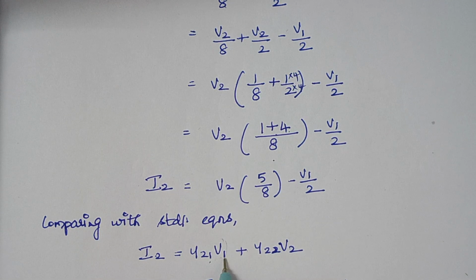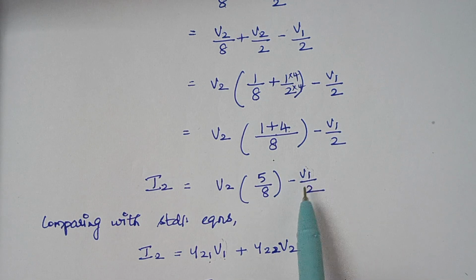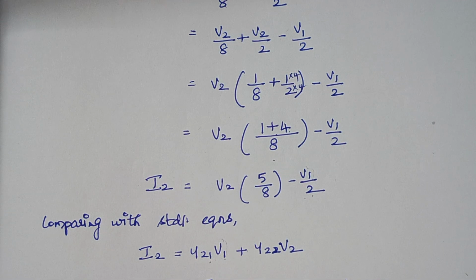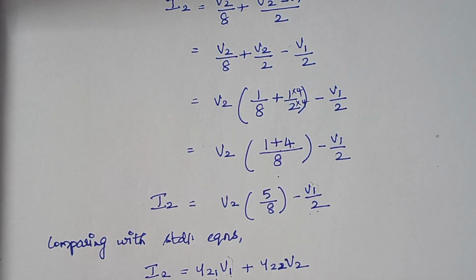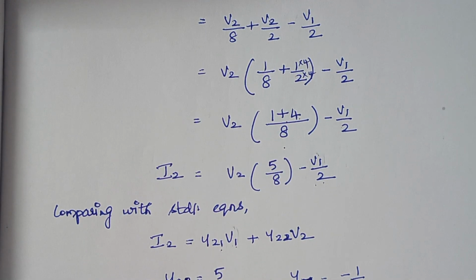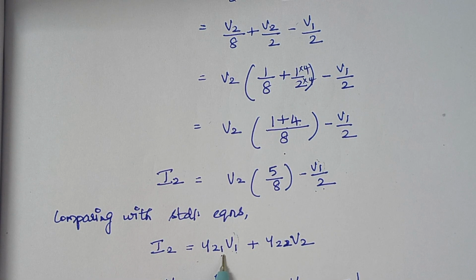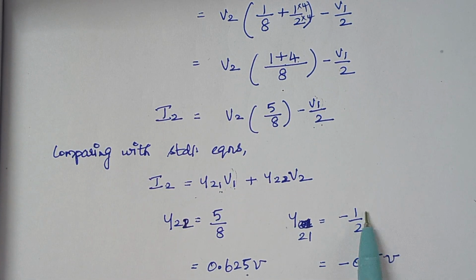Where is V1 here? Here I have V1. So what is the parameter? It is minus 1 by 2. So Y21 is minus 1 by 2, which is minus 0.5 mho.